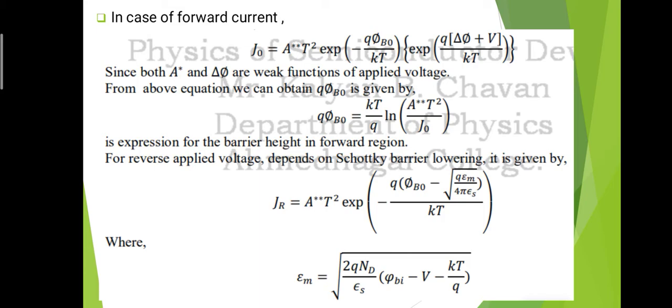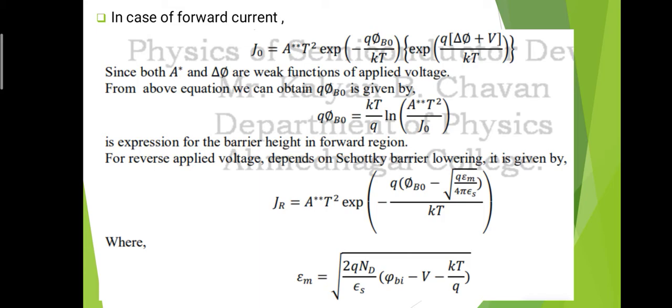So we get the corresponding current density JR equal to A** T squared exp(-(q phi B0 - sqrt(q epsilon_m / 4 pi epsilon_s)) / kT). This is the expression for the reverse current in the reverse region.